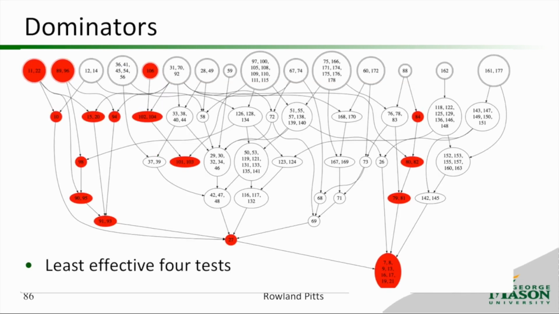Let's go back and review our least effective 4 tests and note that even though they're the least effective out of the entire suite of tests written for Lang 55, 3 out of 4 of these result in killing dominators. There's this 4th one here that kills a non-dominator node and subsumes some stuff.